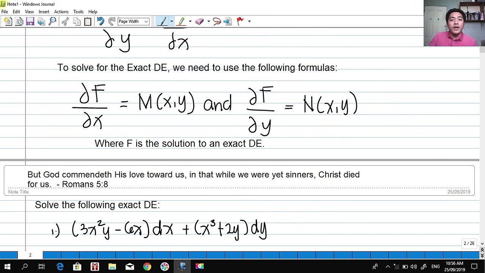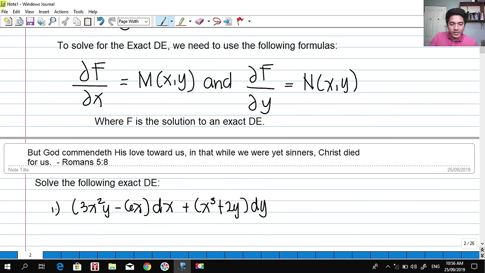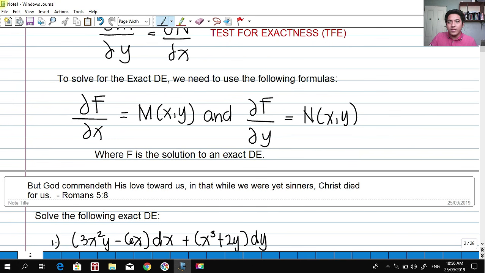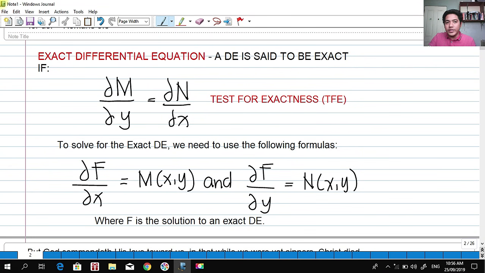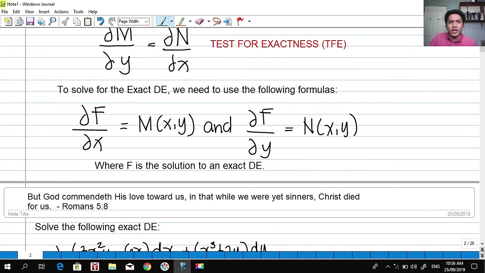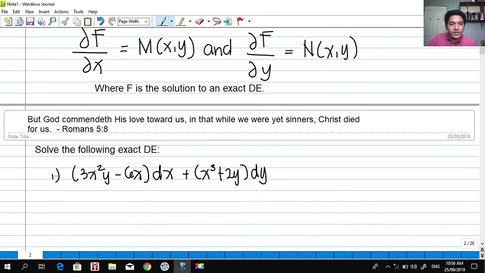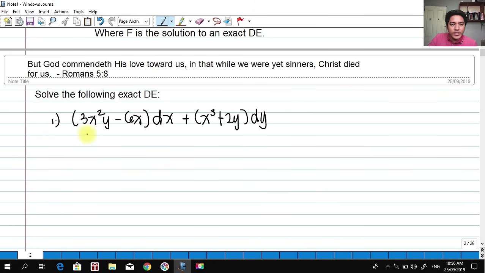So let's try to solve this. In this exercise, you will be recalling your knowledge about partial differentiation, integrals, and some algebra. Solve the following exact DE.